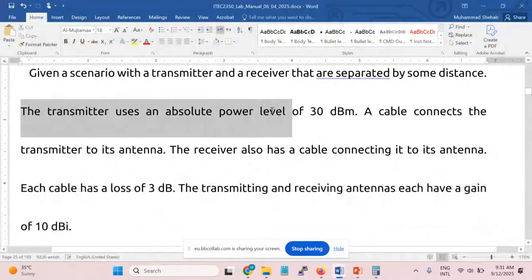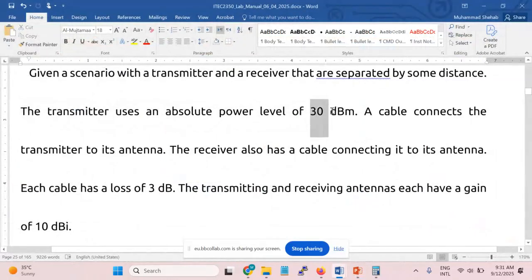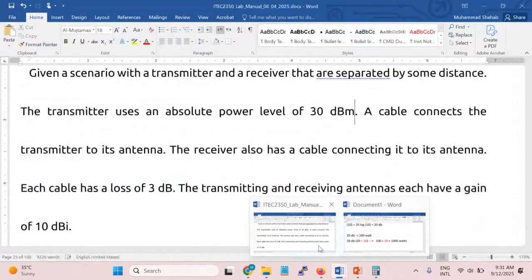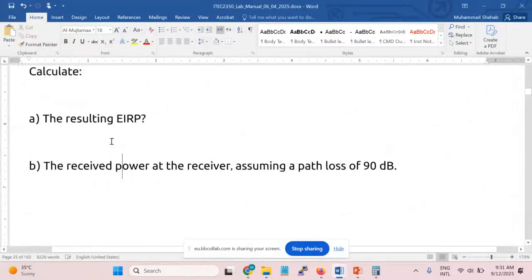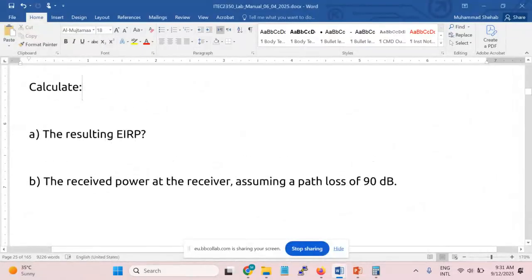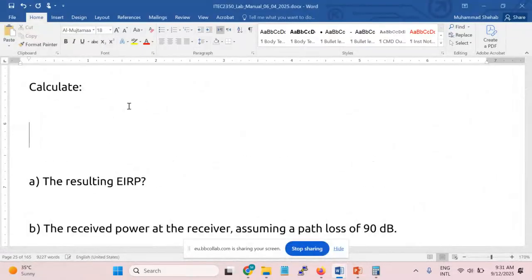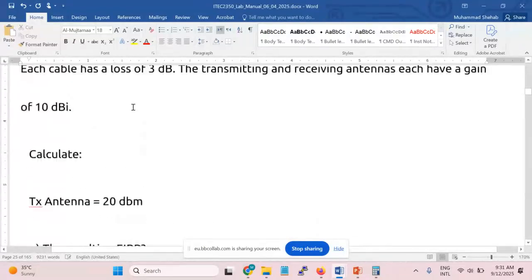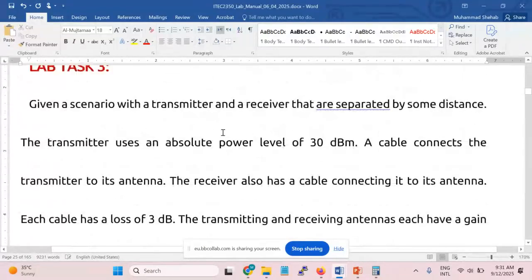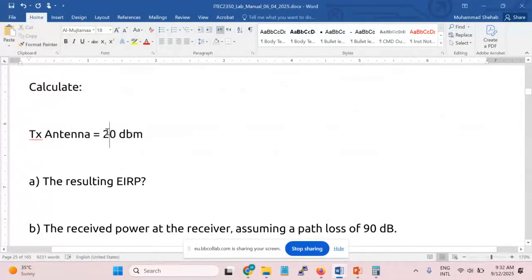The transmitter uses an absolute power of 30 dBm.